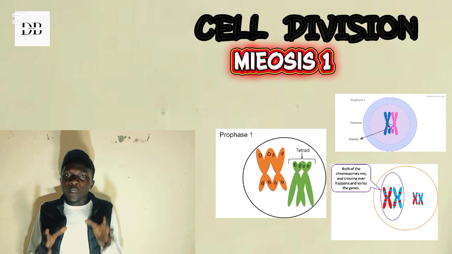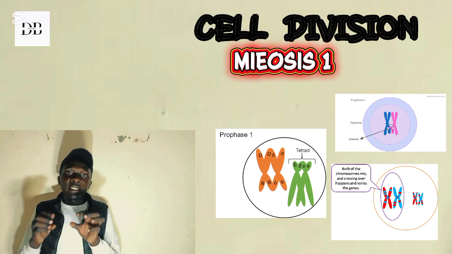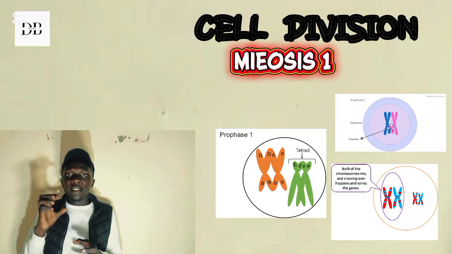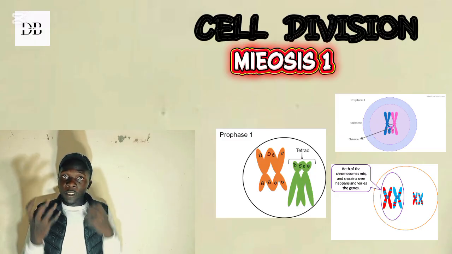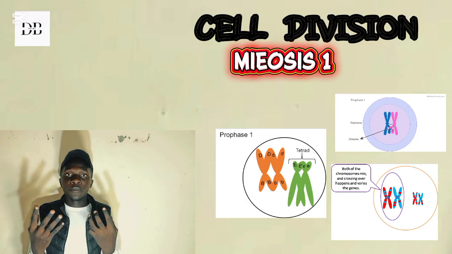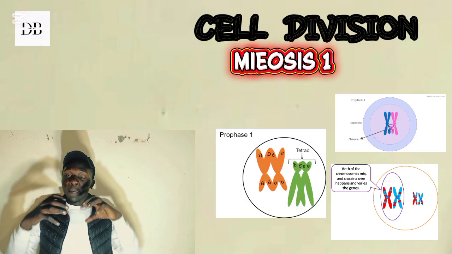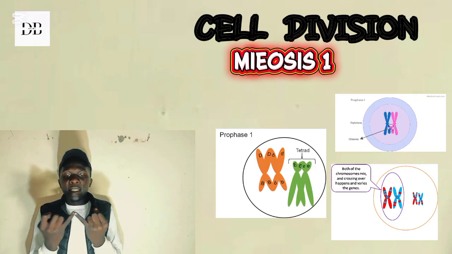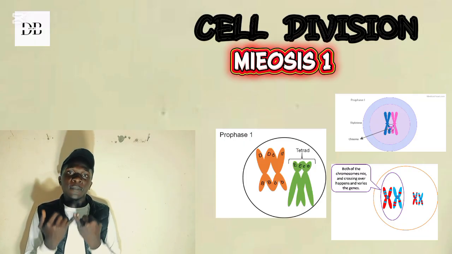In the prophase I stage, that is where what we call synapsis takes place. Synapsis is a situation where a pair of homologous chromosomes mix up at a point which we call the chiasma or the chiasmata.